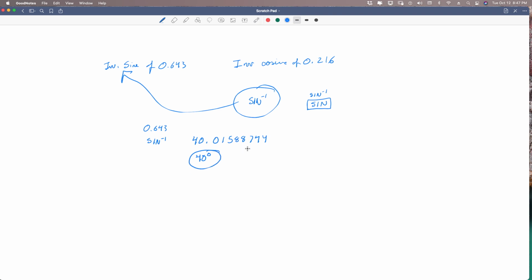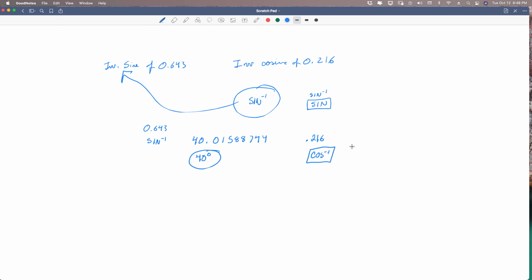Okay? Same thing for the inverse of the cosine. We're going to type this number into our calculator, 0.216. Then you're going to hit your shift key, whatever that looks like, and then I'm going to press the cosine to the -1, which is the inverse of the cosine.